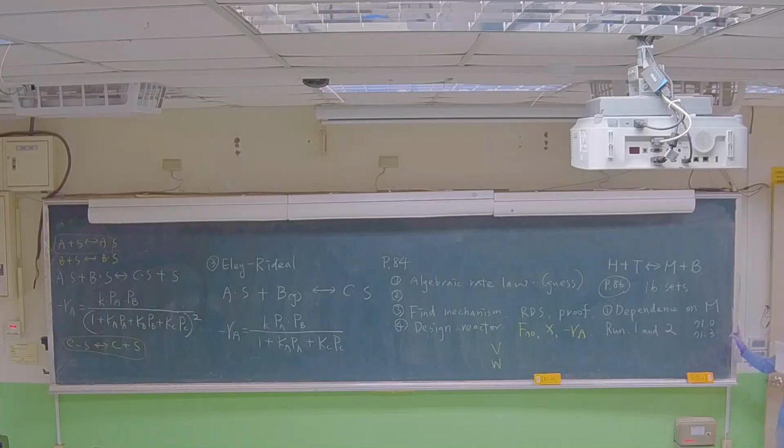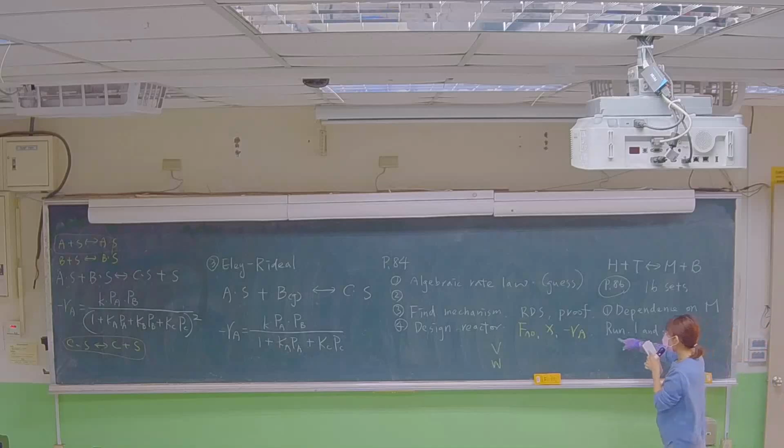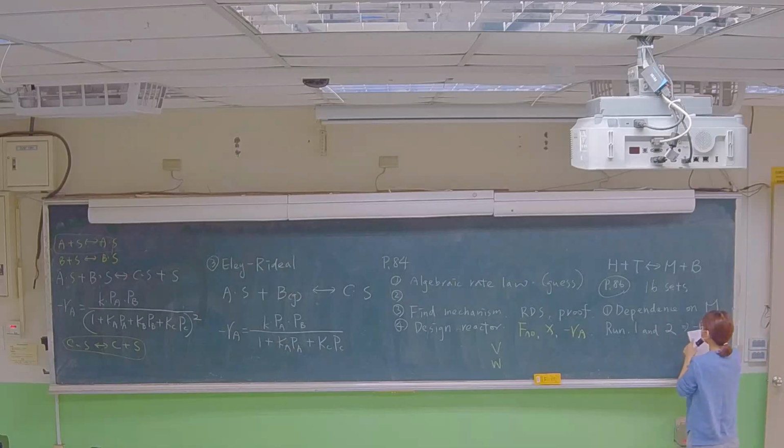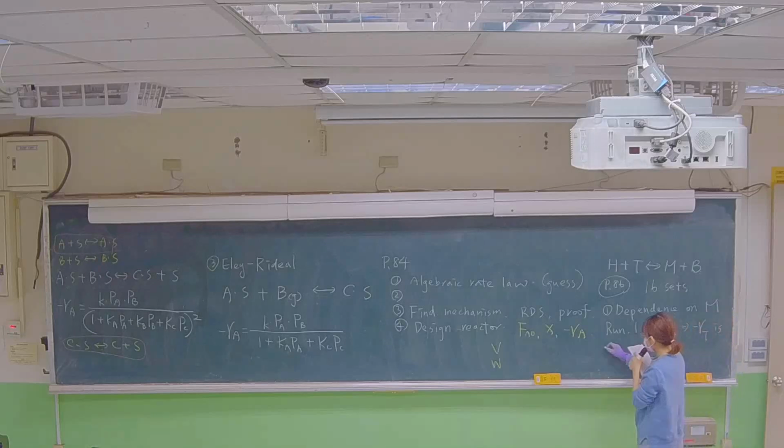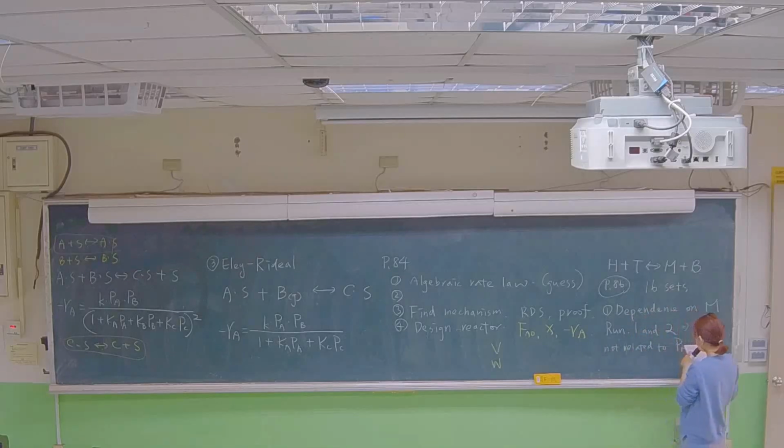So you will see, even if the methane increased by 4 times, minus RT are the same. Okay, so from round 1 and round 2, you can guess this one is not related to PM. Okay, it is the first case.